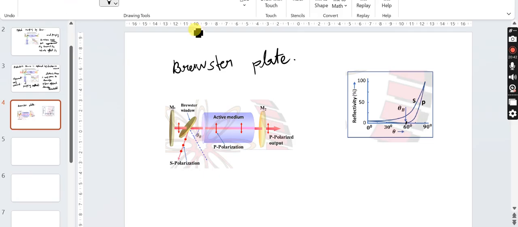So when you place the Brewster window like this, this is basically the normal to the plane, and this is the theta B.